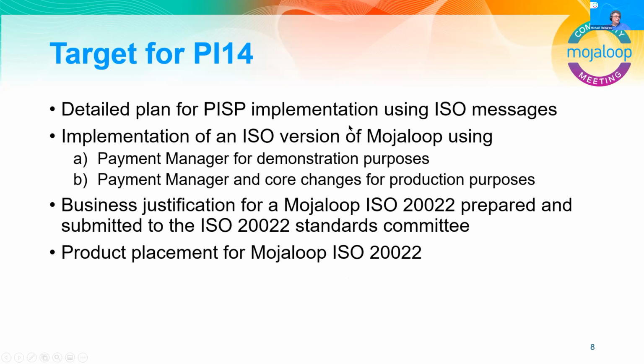Second, we want to implement two versions of Mojaloop: using Payment Manager for demonstration purposes, and Payment Manager and core changes for production purposes. We also want a business justification for some changes that will be required in order to provide proper support in Mojaloop for ISO 20022, and we want to submit that to the ISO 20022 Standards Committee.